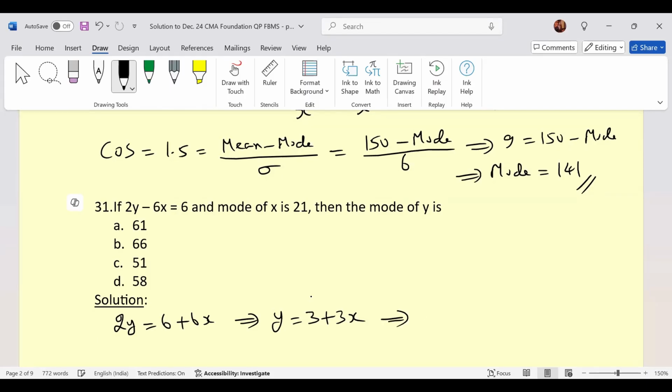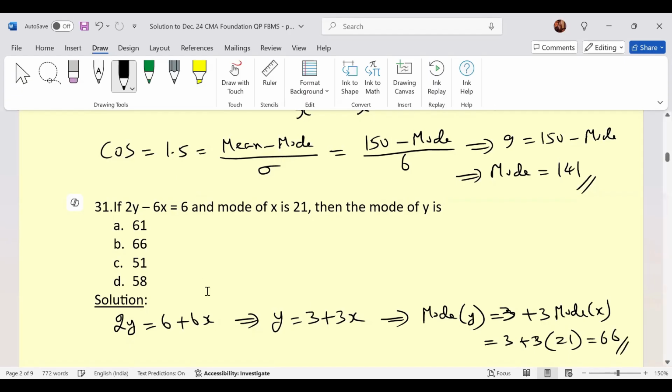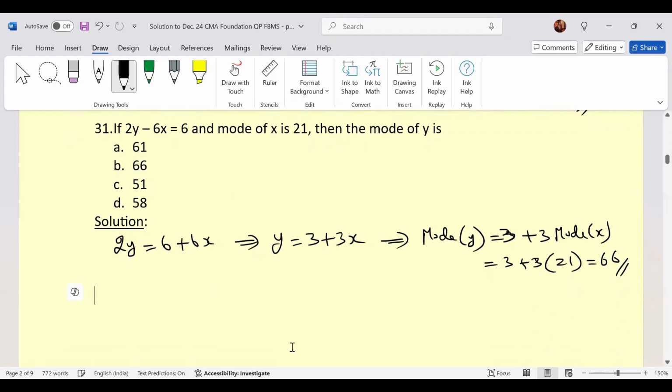Now we can say mode of y is equal to 3 plus 3 times mode of x. So this is 3 plus 3 times mode of x, which is known to be 21. So this is 63 plus 3, 66 is your mode of y. Let us move on to the next question.